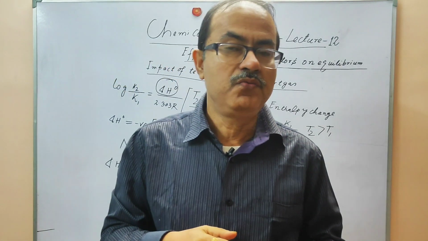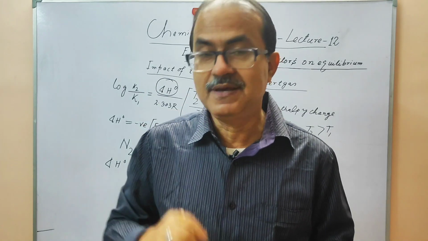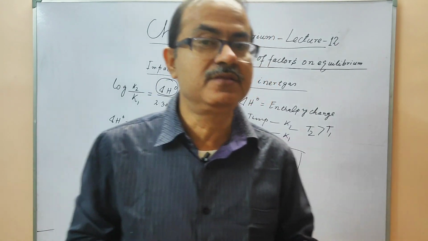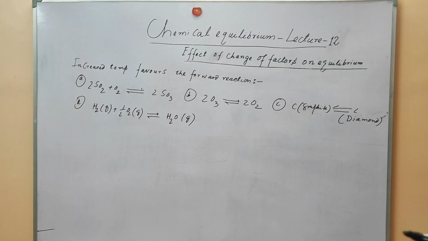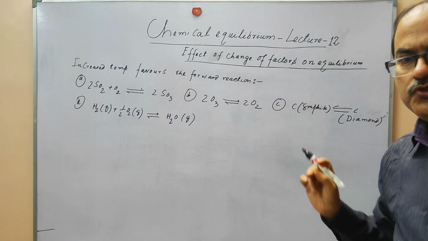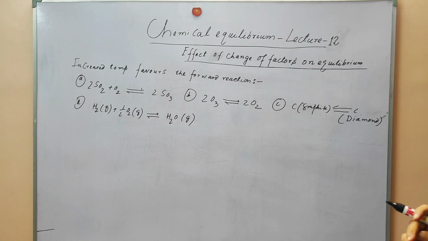Okay, now we will have some numerical questions. Which type of questions are going to come in your exam? This type of question may come in your exam: increased temperature favors the forward reaction. Four reactions have been given.